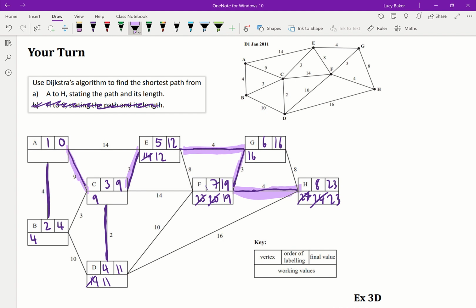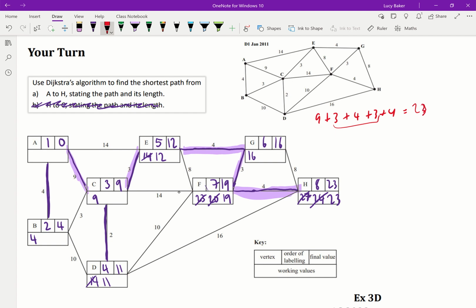So I'm not going to use all the arcs that I've labelled because I just want to get from A to H. And if I look at all those arcs and I add them up, 9 plus 3, so the ones that I've highlighted, plus 4 plus 3 plus 4. That's going to give me the total distance of 23 that I'm looking for. So 3 plus 3 plus 4 is 10, plus 13 is 23.